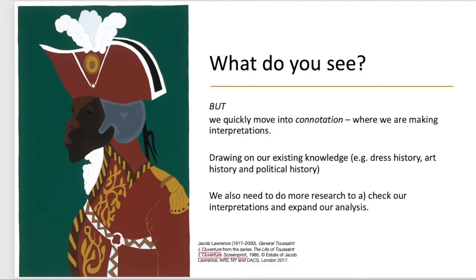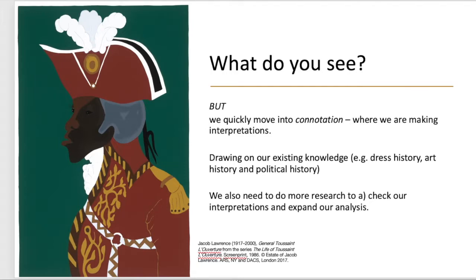The style of uniform suggests an historical image, so late 18th or early 19th century, which is in contrast to the very modern technique of representation. So this use of very flat surface colour and simplified and abstracted features. That suggests to us that the image is much more recent than this.